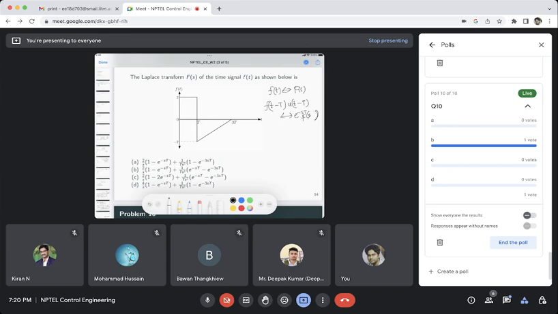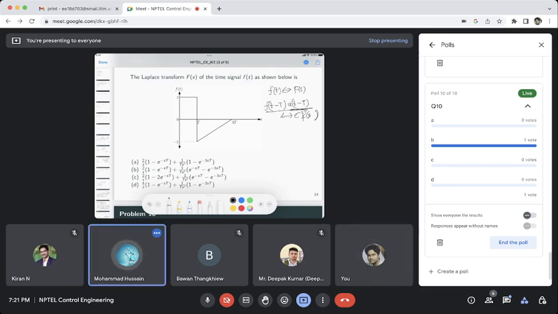So this is the shifting of the function, t minus T. What does this mean? You shift the function by T and multiply by u(t minus T). Can anyone say where this unit step function u(t minus T) will start?